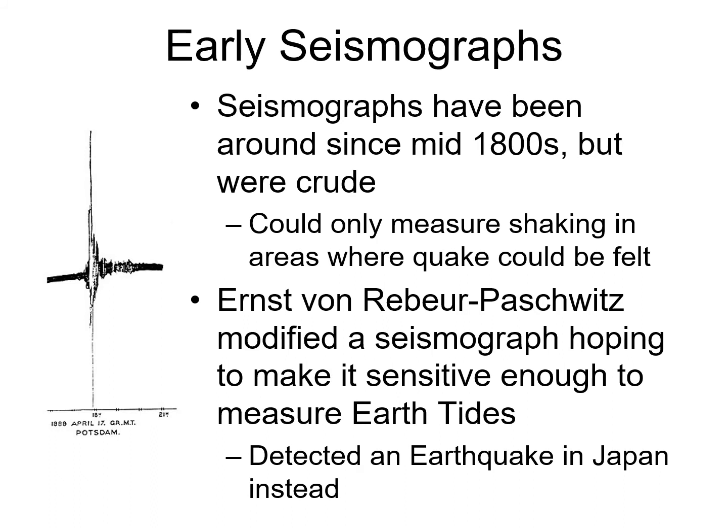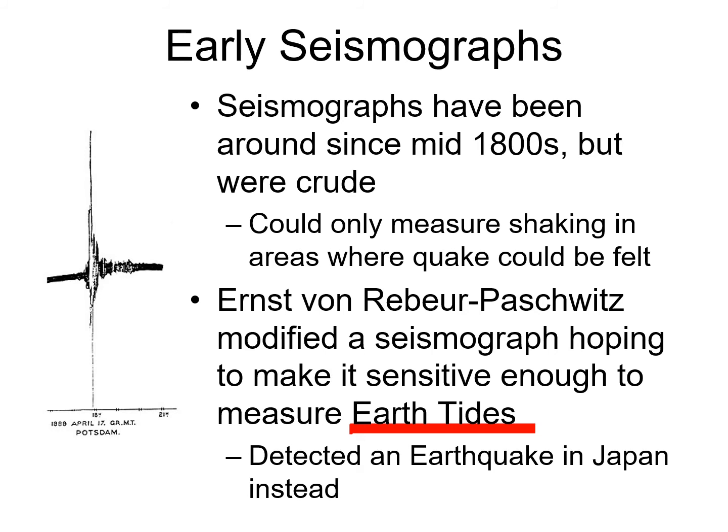It wasn't until somebody who was trying not to record earthquakes, but was actually trying to measure and quantify the moon's gravitational pull on the Earth itself, the so-called earth tides, took the basic mechanism of some of these early seismographs and made it a lot more sensitive.